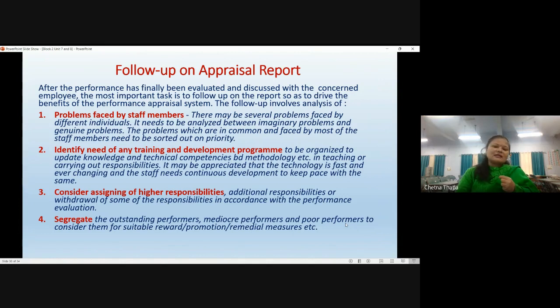For the outstanding performers, you can give rewards or promotions. For the poor performers, you need to plan remedial measures. You need to identify their training requirements and focus on in-service training, the measures which will be undertaken for improving their performance.